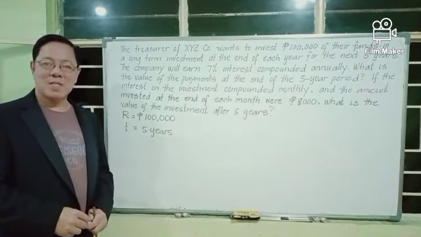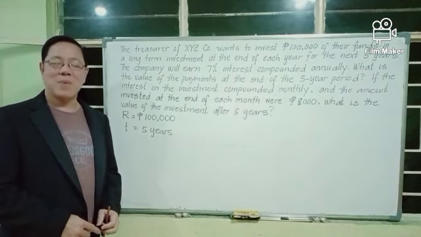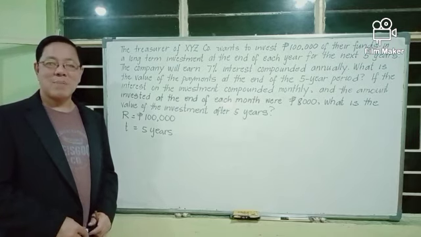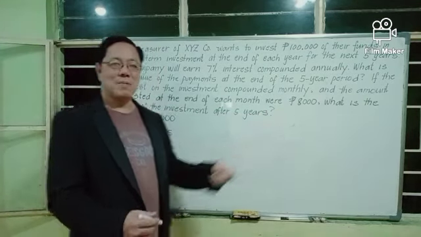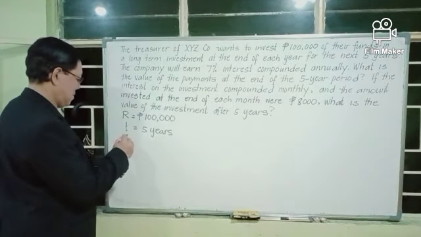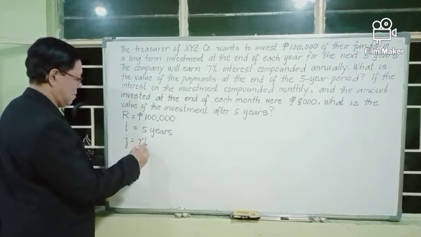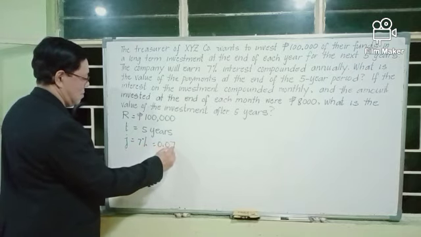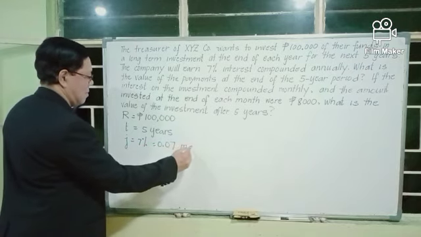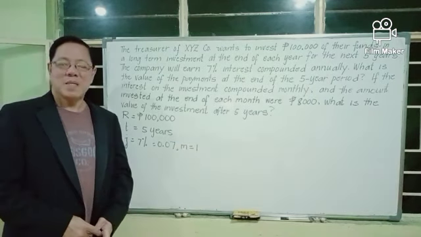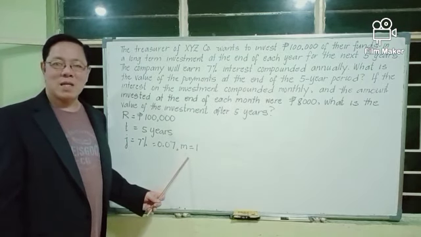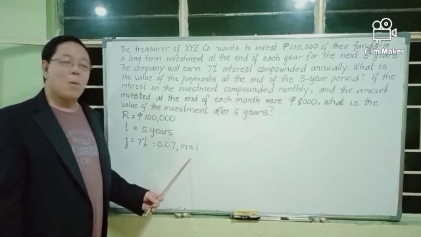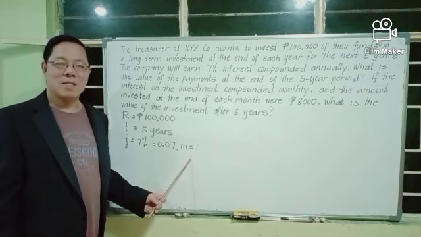The interest for this investment is 7%, denoted by j, compounded annually. And 7% in decimal is 0.07. It's compounded annually, so the interest conversion period m is 1, or interest will be computed once a year.